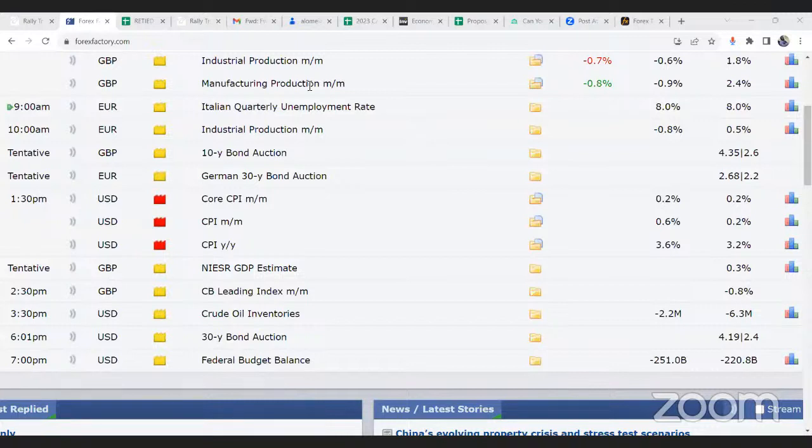I'm connecting a lot of meanings here, but for instance, for core CPI we're expecting it to remain the same, 0.2%, as last time.